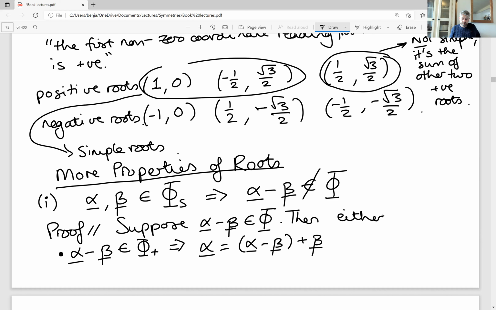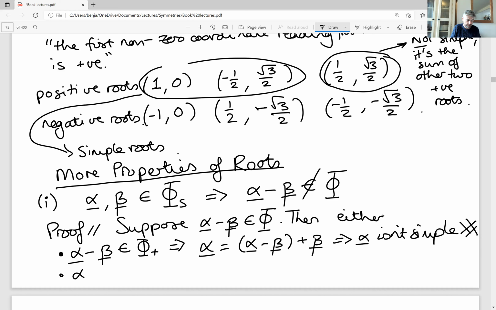So alpha has been written as the sum of 2 positive roots. Therefore, alpha isn't simple because simple roots can't be written as the sum of 2 others. But this contradicts our initial assertion that both alpha and beta are simple roots. So that's a contradiction.